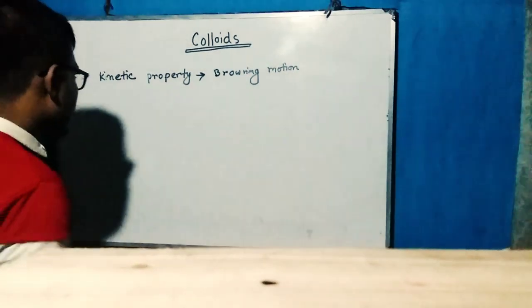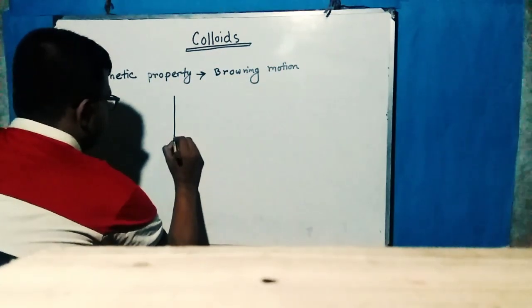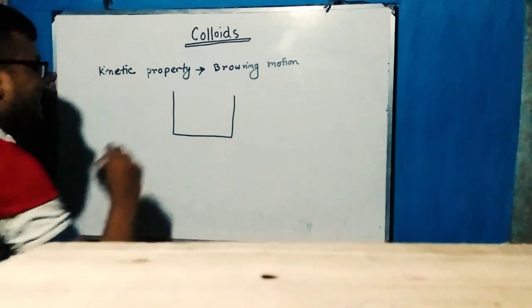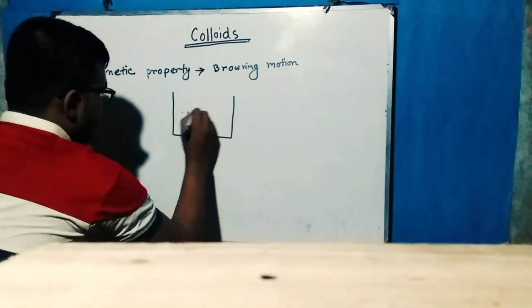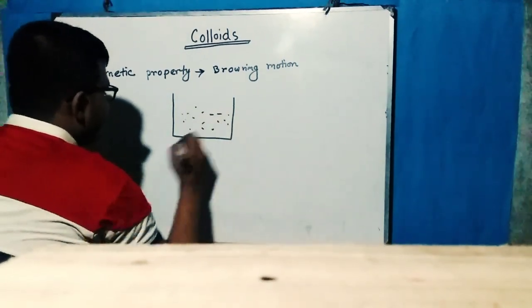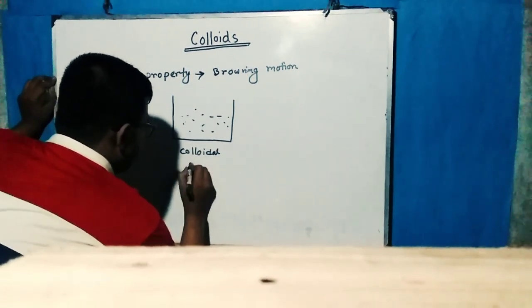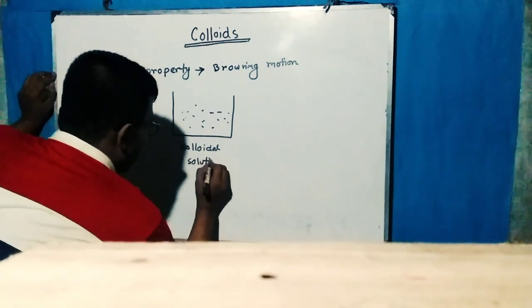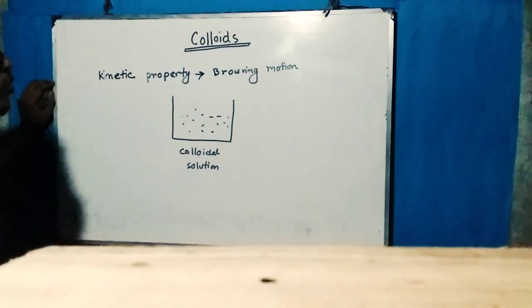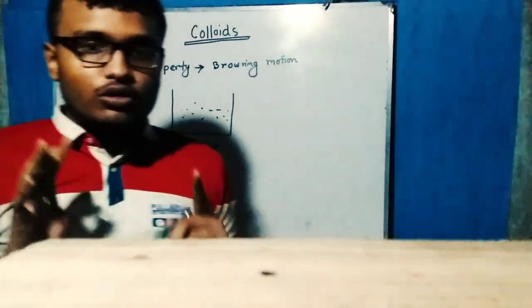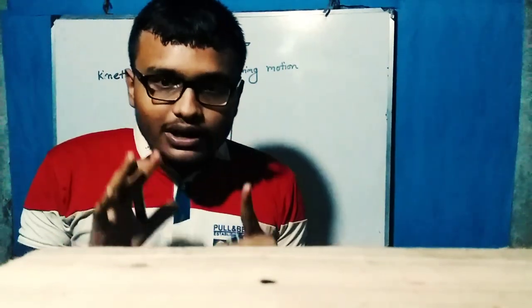Suppose we have taken a container. In this container, there is a colloidal solution. So we know that colloidal solution is made of the colloidal particle, that is the dispersed phase, and the electrolytes.